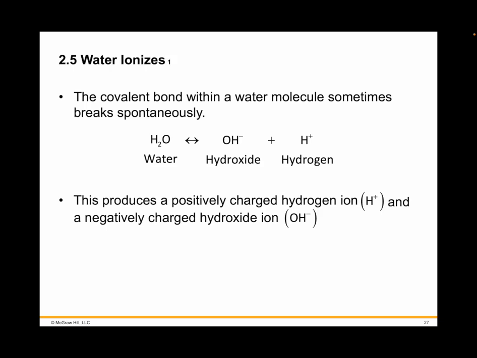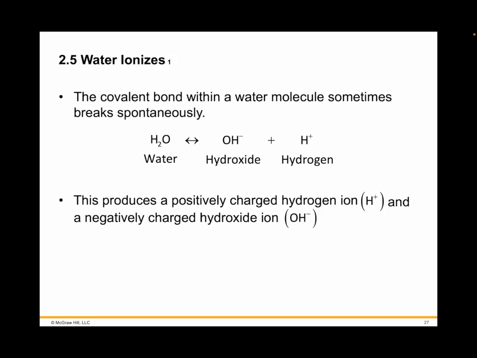With pH, a convenient way to express the hydrogen ion concentration of a solution is to use the pH scale. Please see figure 2.14 on page 44. The scale ranges from 0, the highest hydrogen ion concentration, to 14, the lowest hydrogen ion concentration. Pure water has a pH of 7.